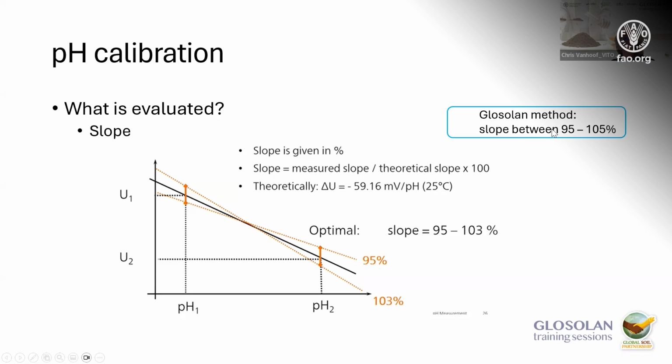In GLOSOLAN, the slope is defined between 95 and 105%, but it's almost the same as the optimal range they propose. So in the pH calibration, you always check the offset and you check the slope, and that's the indication of whether your pH electrode works properly, yes or no. If these values deviate, then your pH electrode is deteriorating, and the lifetime of your pH electrode comes to an end if these values are not fulfilled anymore.